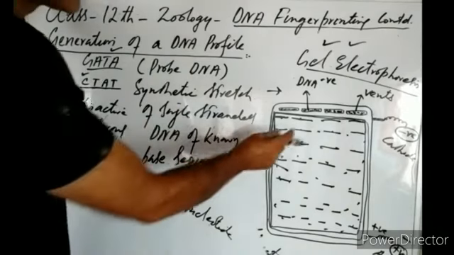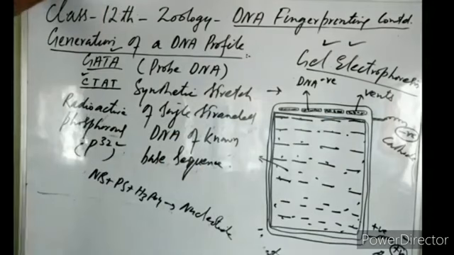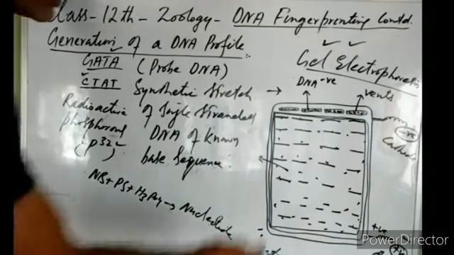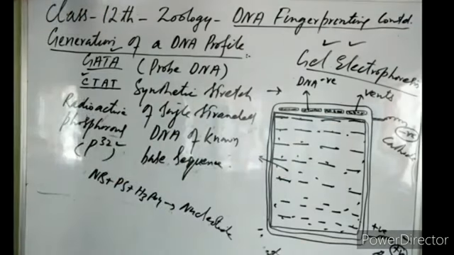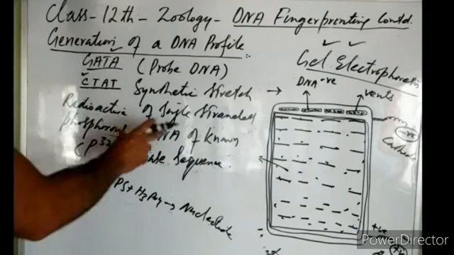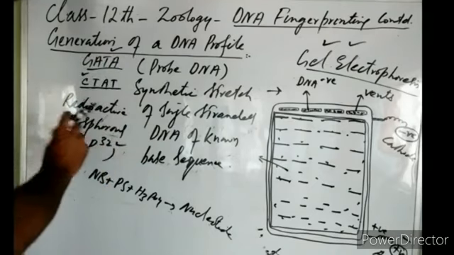They are looking for the GATA sequences in this DNA, and they have to locate where these GATA sequences are present, right? So they add this synthetic DNA of known sequence, complementary to GATA, having radioactive phosphorus in it.